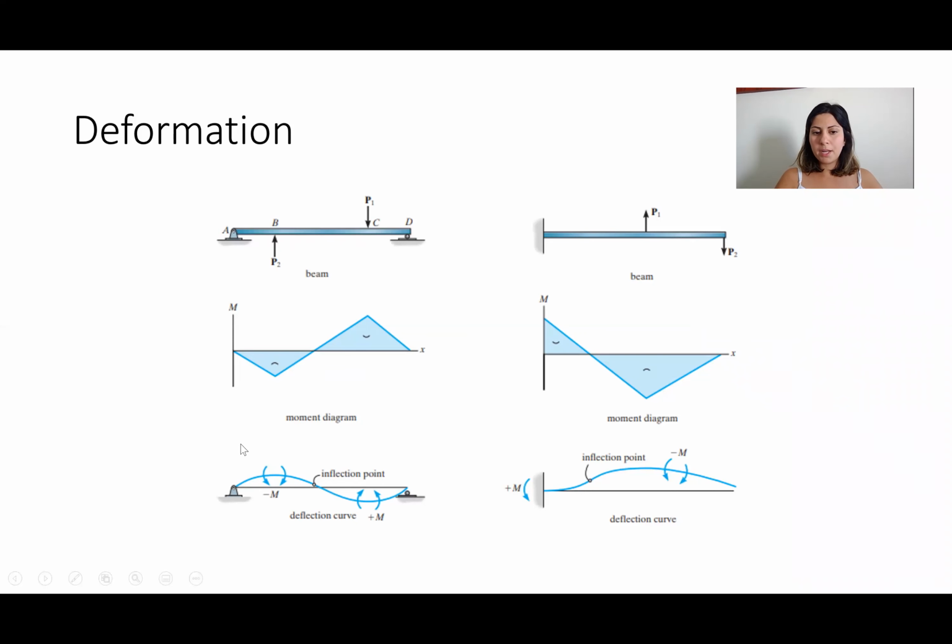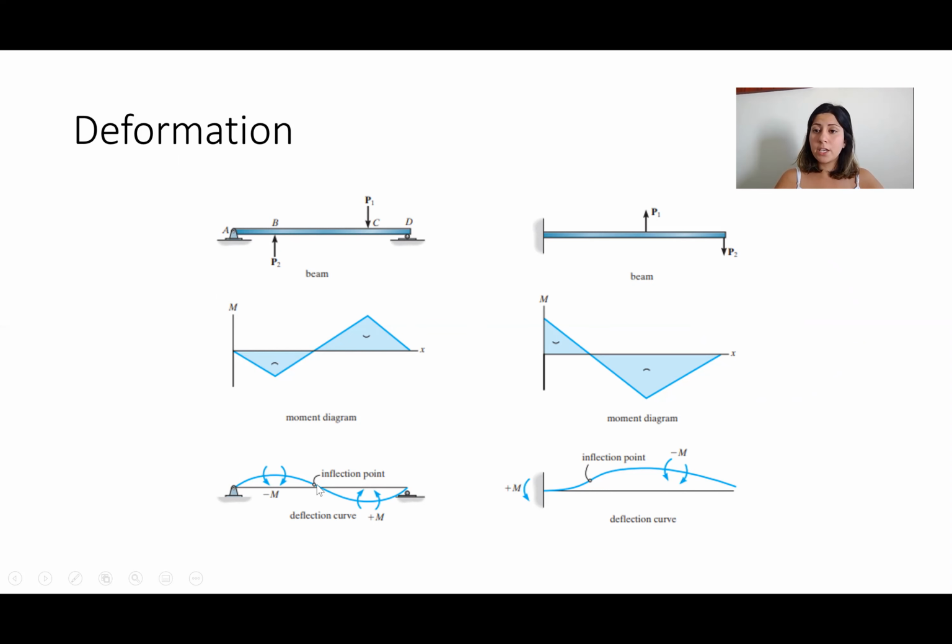If you remember, we said wherever you have negative moment, that would be an upward curve. And if you have positive moment, that would give you a downward curve. And wherever you have a zero moment, which is here, it is the inflection point.